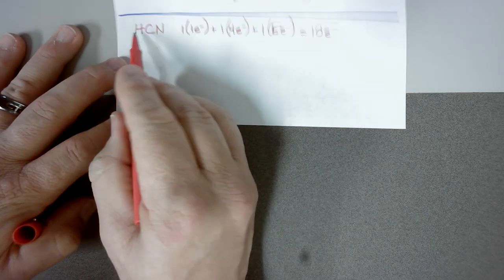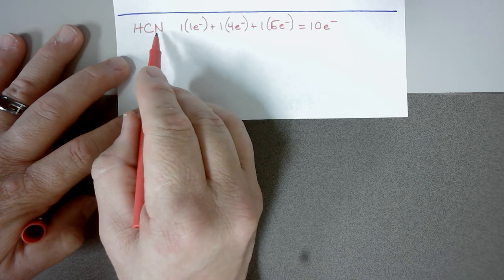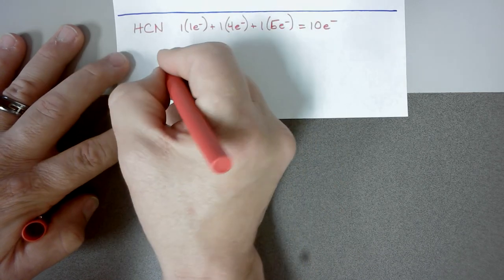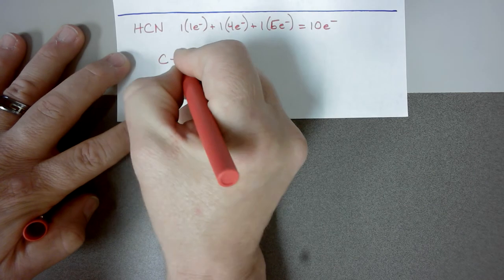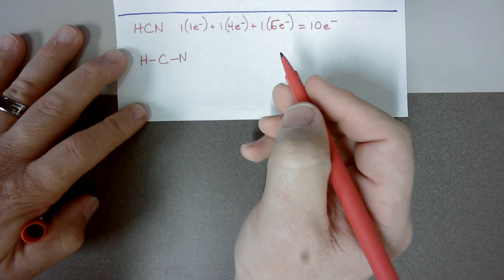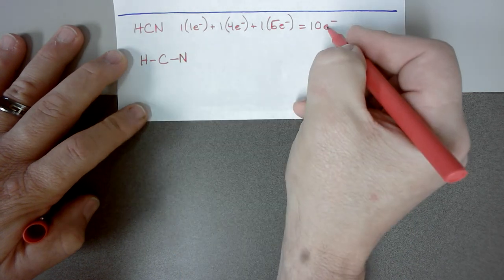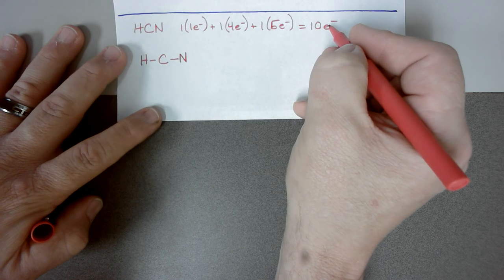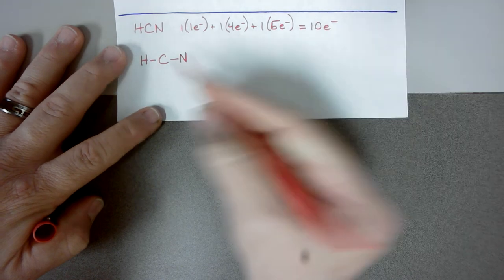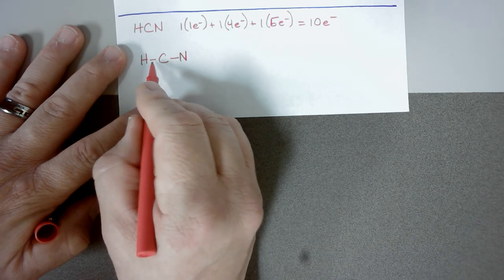Now, remember, hydrogen can never go in the center. Carbon is less electronegative than nitrogen, so I'm going to put H, carbon, nitrogen. Now I've used 4 of the 10, so I start putting lone pairs around atoms on the outside. Do not put any more on hydrogen. Hydrogen already has its 2 from this bond.